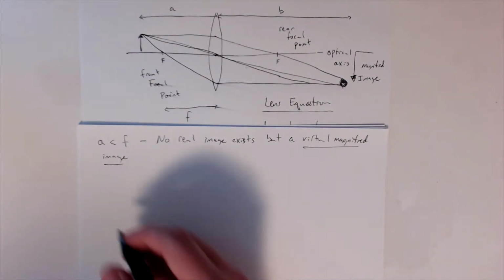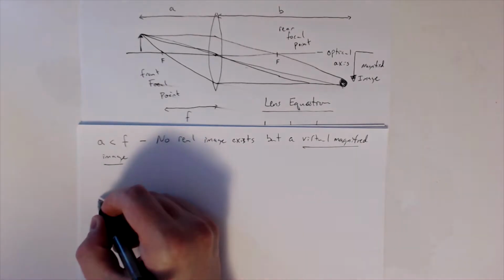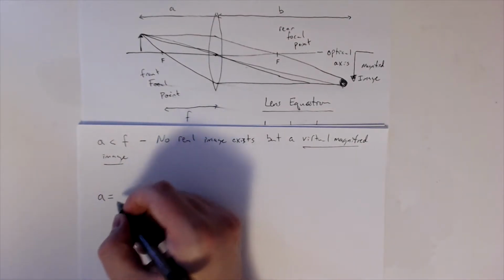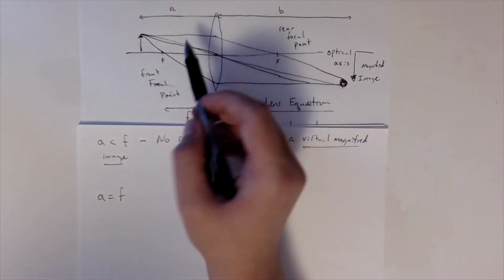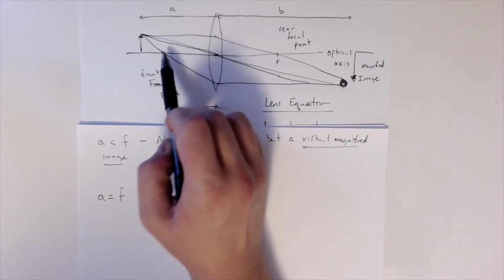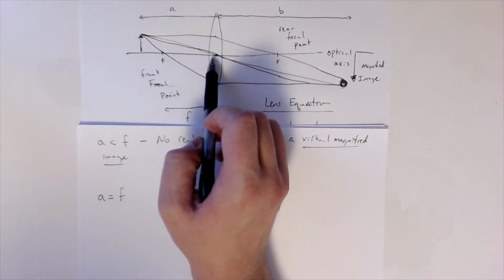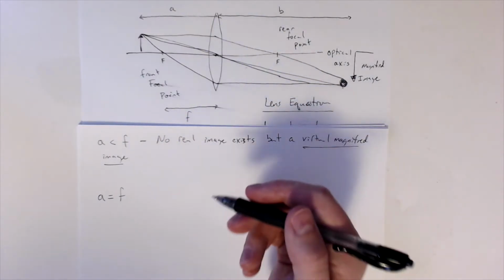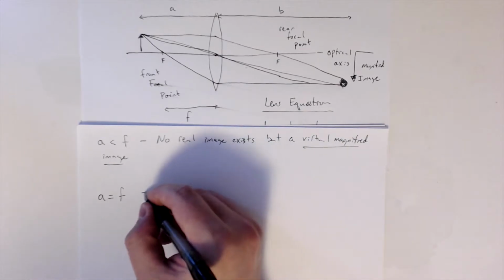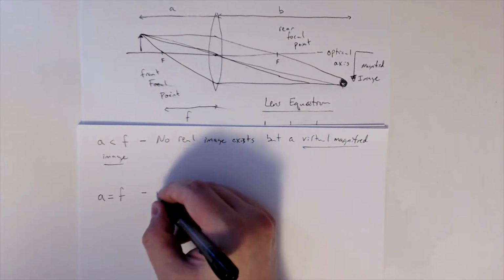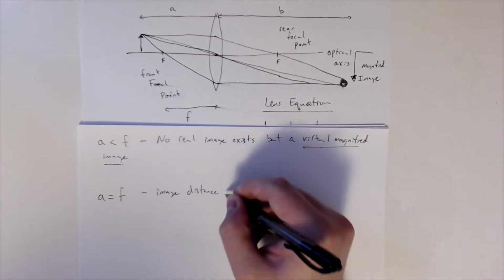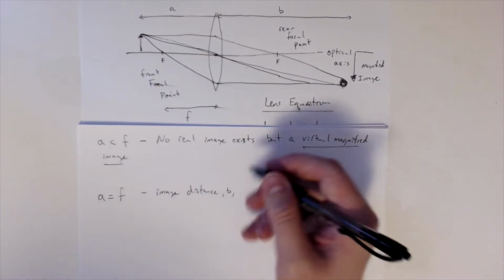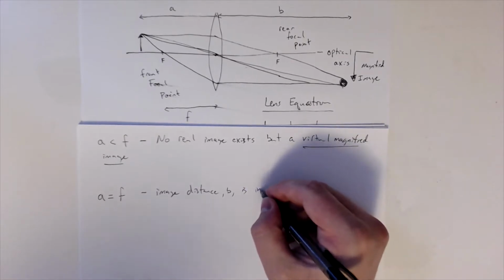Okay, in the next scenario, we want to look at A is equal to the focal length. So again, you can think of this distance here being equal to this distance. What that's going to do is it puts us in a scenario where the image distance, that term we called B, is infinite.